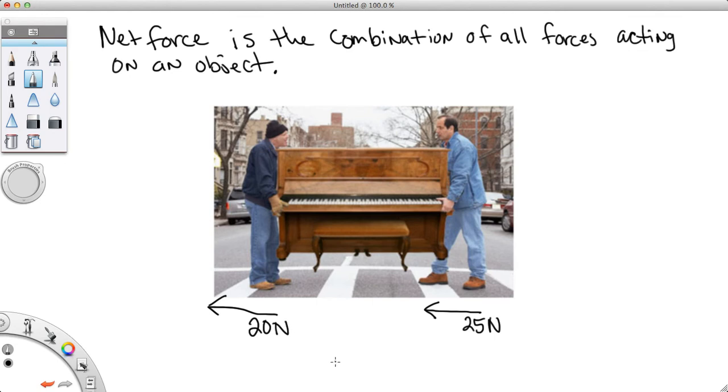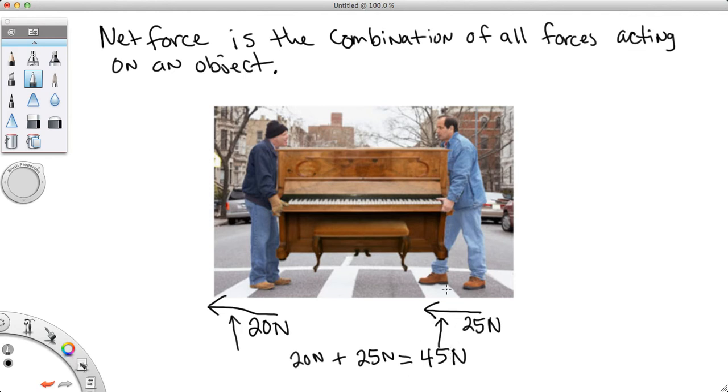We can calculate the net force. We have two arrows going in the same direction, so we're going to add them up. We're going to add up this vector and this vector. 20 newtons plus 25 newtons equals 45 newtons. Now, that's just the magnitude.